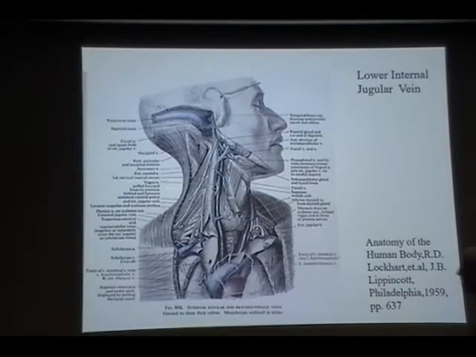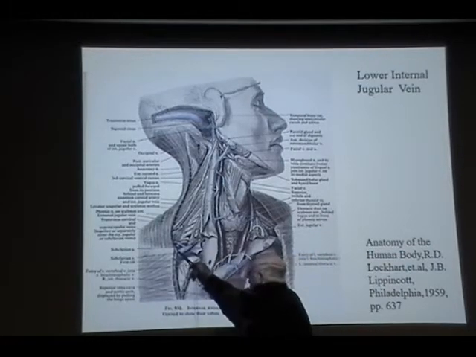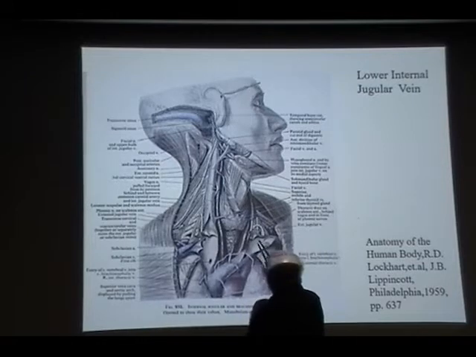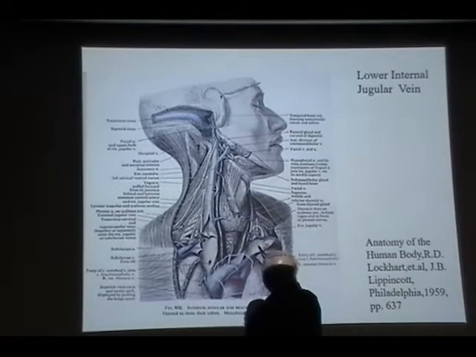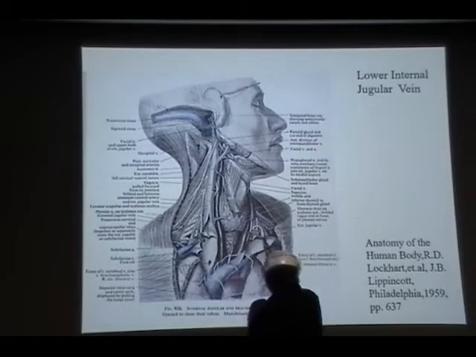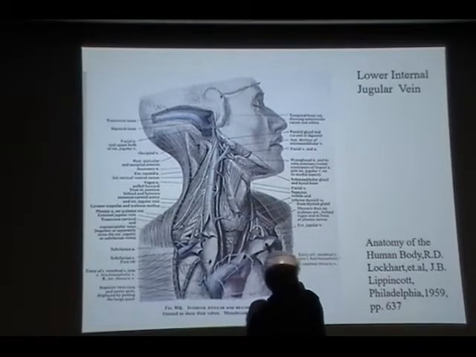So the clavicle has been cut over here, all the way across. Here is the internal jugular on the left. Here is the subclavian on the left. There's a valve there at the bottom of the internal jugular at the end of the subclavian. What do we call this?